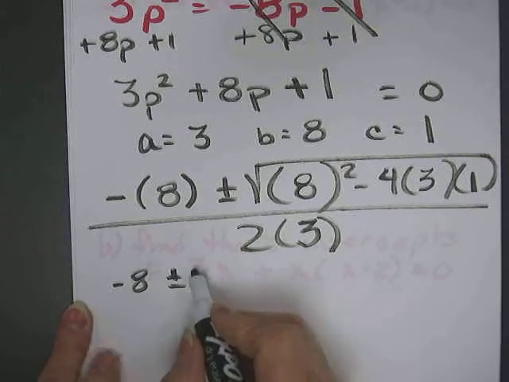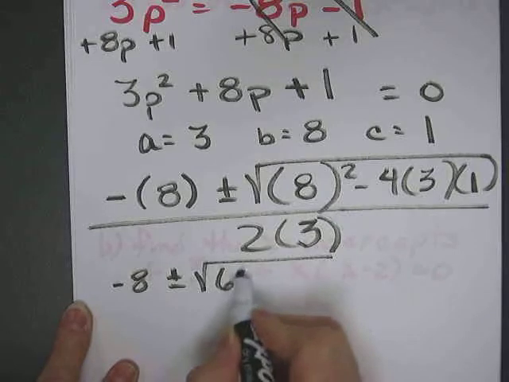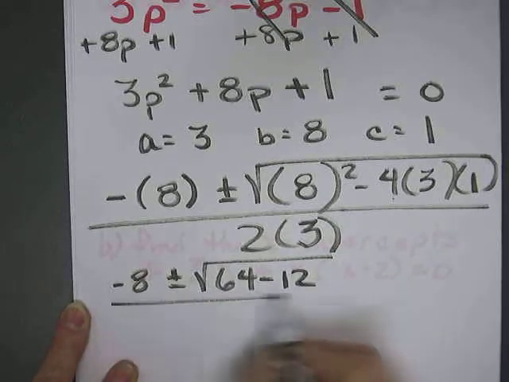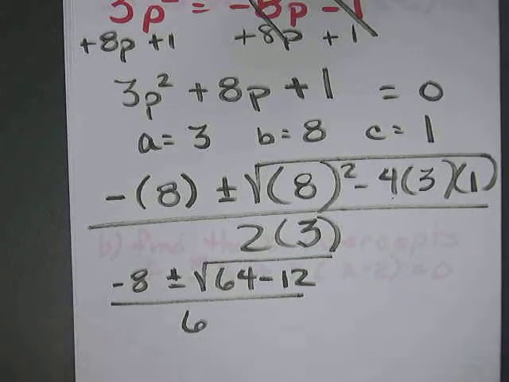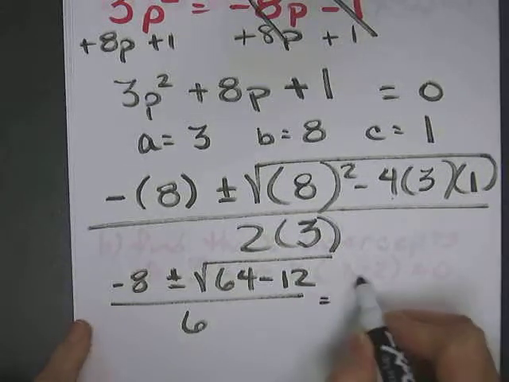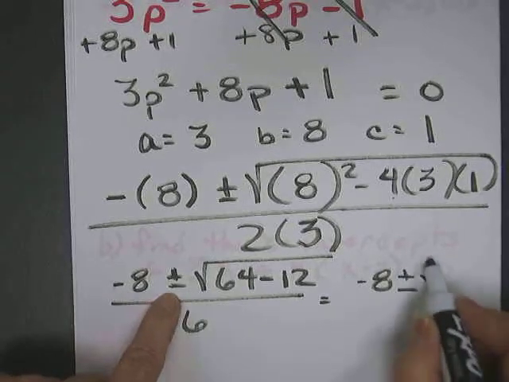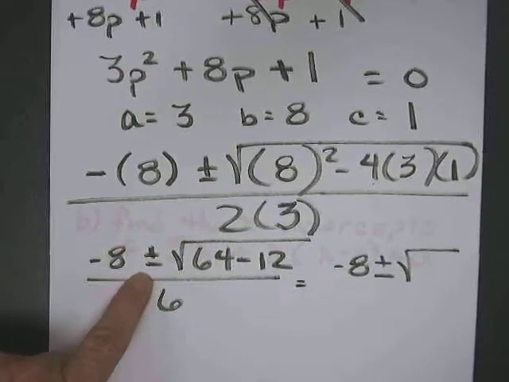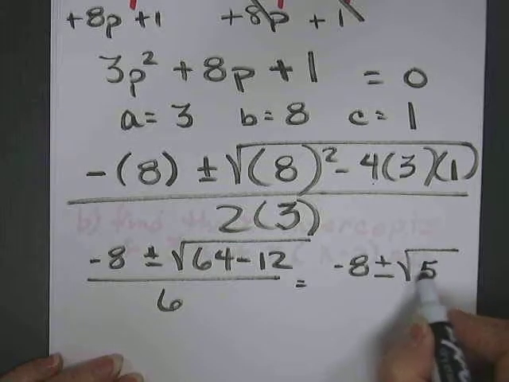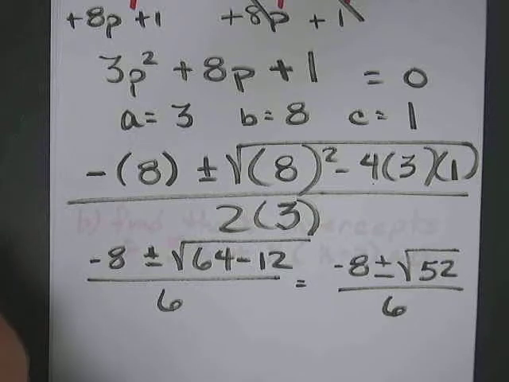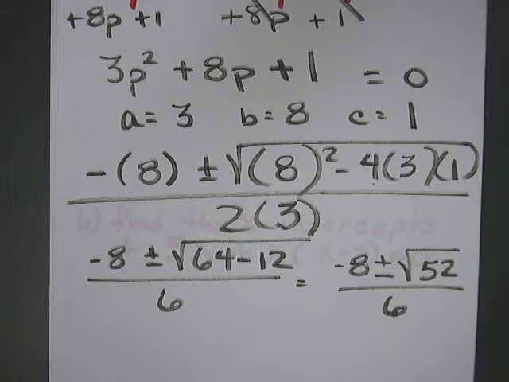And C is what? So we have negative 8 plus or minus the square root of 64 minus 12 over 6. Negative 8 plus or minus, what is 64 minus 12? 52.